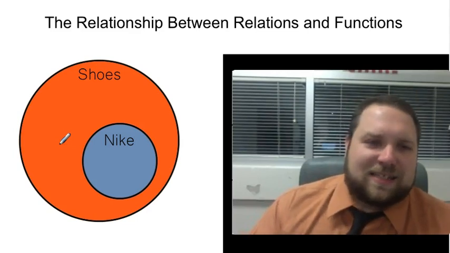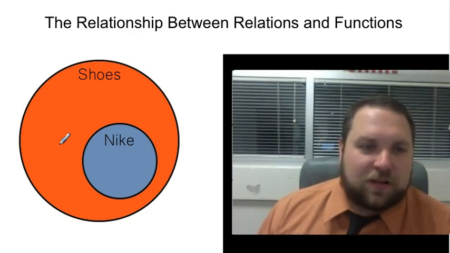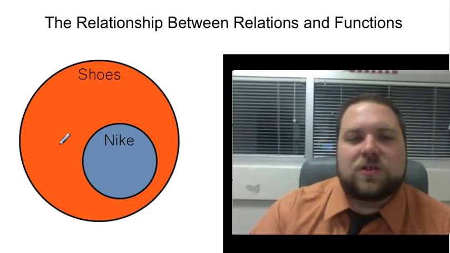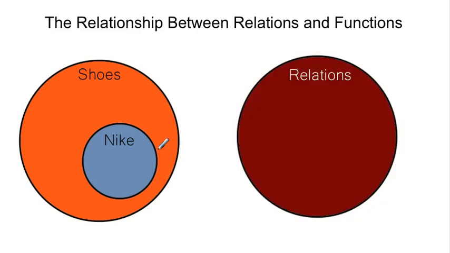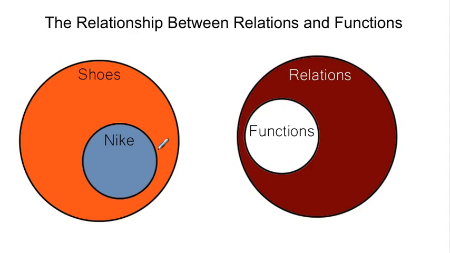So Nike is a specific type, a smaller subset, if you will, of shoes. Well, we can do the same thing with relations. Relations are just connections between domains and ranges, but functions are a specific type of relation where each element of the domain only connects with one element of the range.